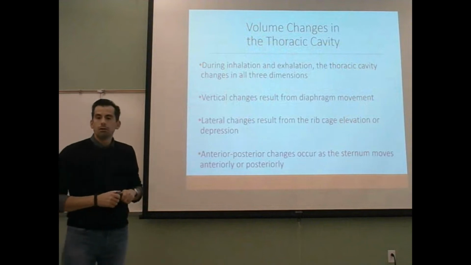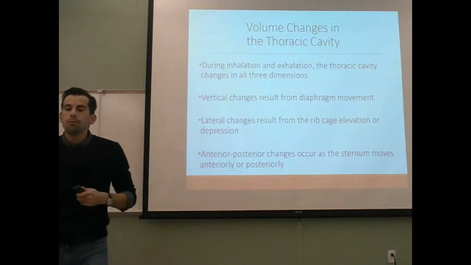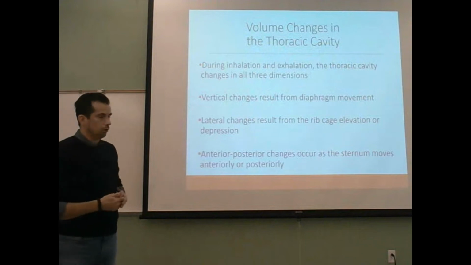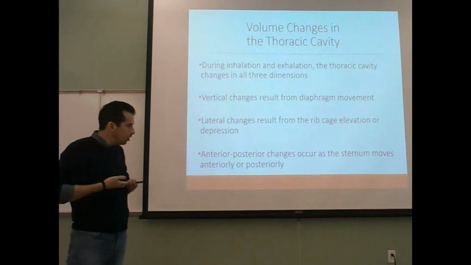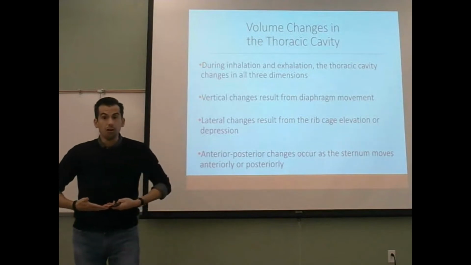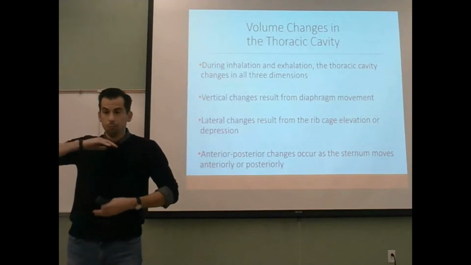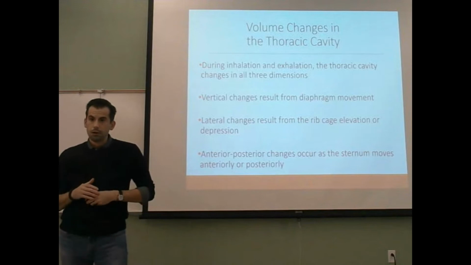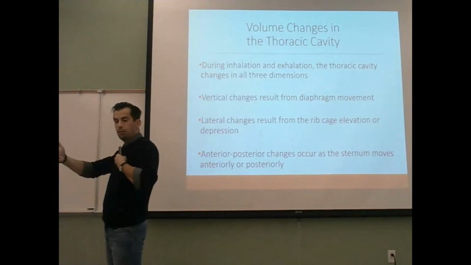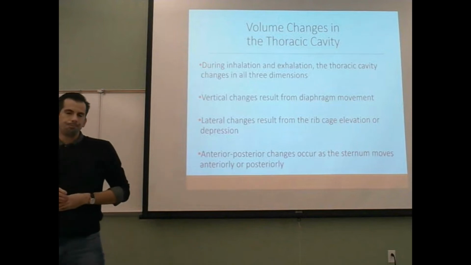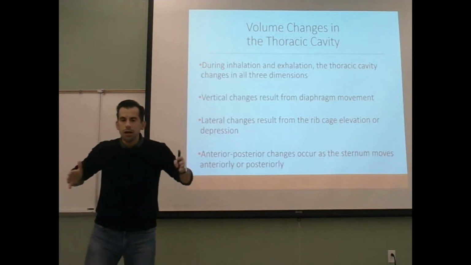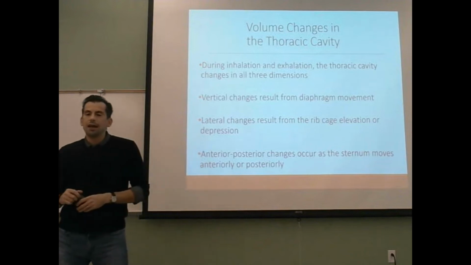During inhalation and ventilation, the rib cage and the thoracic cavity are going to change three-dimensionally. We see the diaphragm contract and pull downward, increasing the dimensions of the thoracic cage from superior to inferior. We see the sternum move forward, increasing the dimensions from anterior to posterior. And we see the rib cage move up and out, increasing the dimensions laterally.